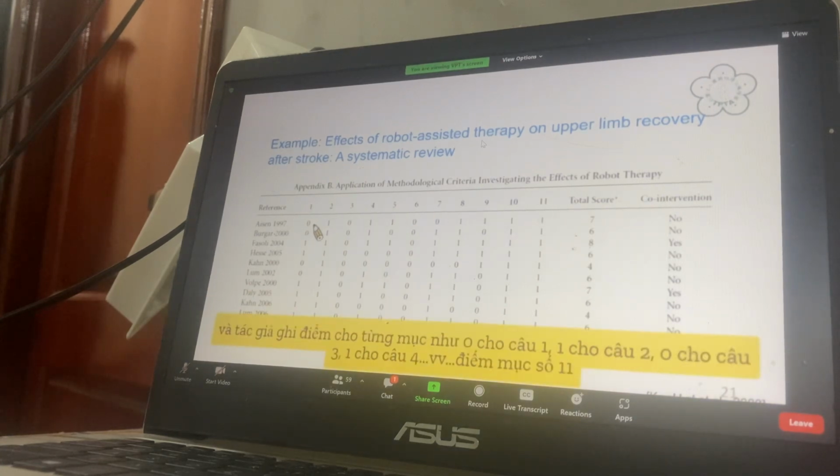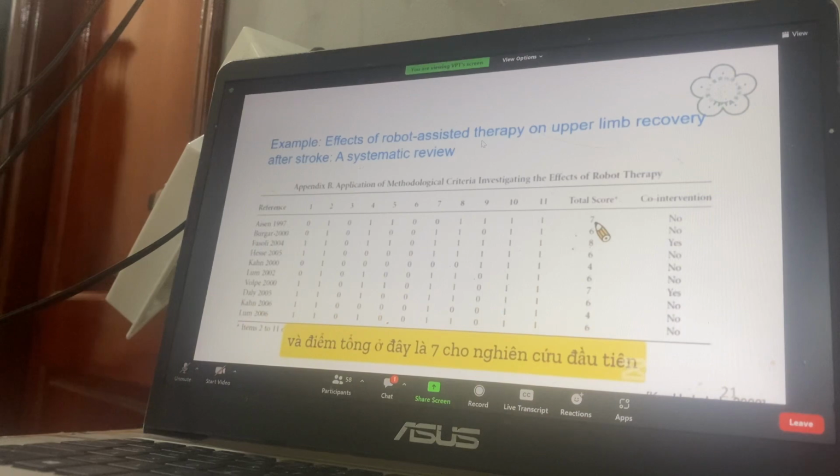And then for each article, the author will write out the points, saying it's 0 points for question 1, 1 point for question 2, 0 points for question 3, 1 point for question 4, etc., up to 11. And the total score here is 7 for the first study, and the score is 6 for the next study.